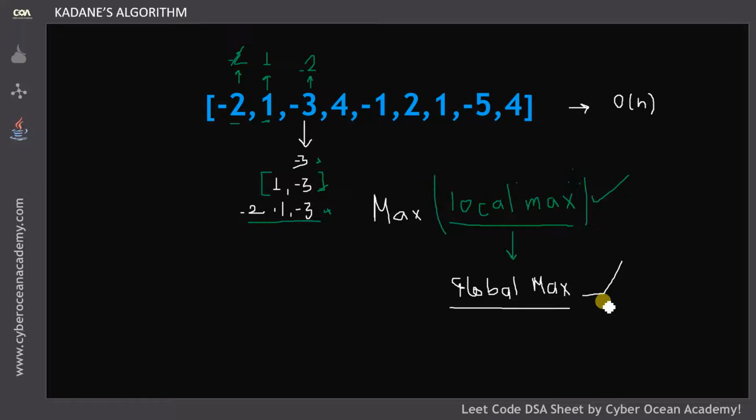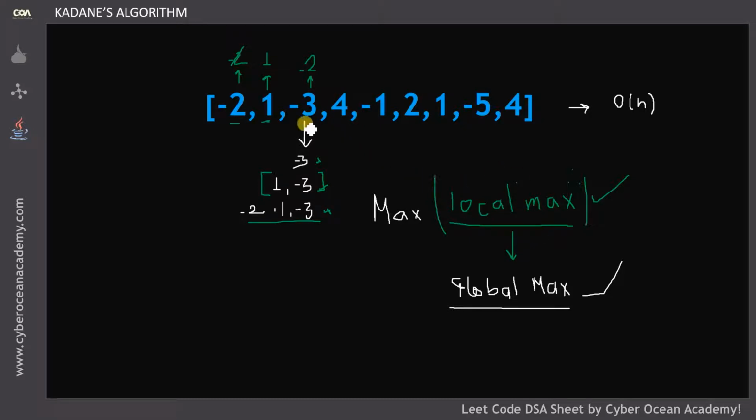Now the question arises: how can we calculate this local maximum? That is a very good question. In the previous solution, generally we had to compare with all other subarrays.